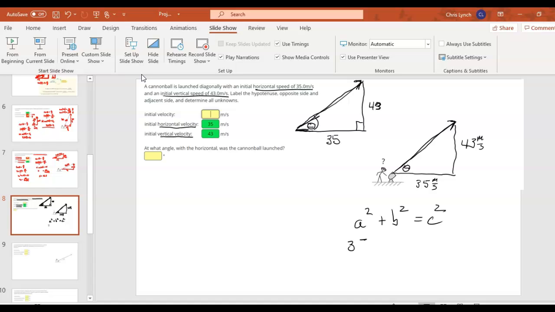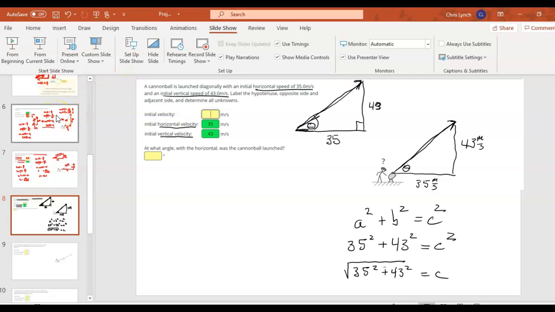So we have 35 squared plus 43 squared equals hypotenuse squared. Okay, so basically we'll just take the square root of both sides. So we'll have the square root of 35 squared plus 43 squared will be our hypotenuse. All right, so let's do that.